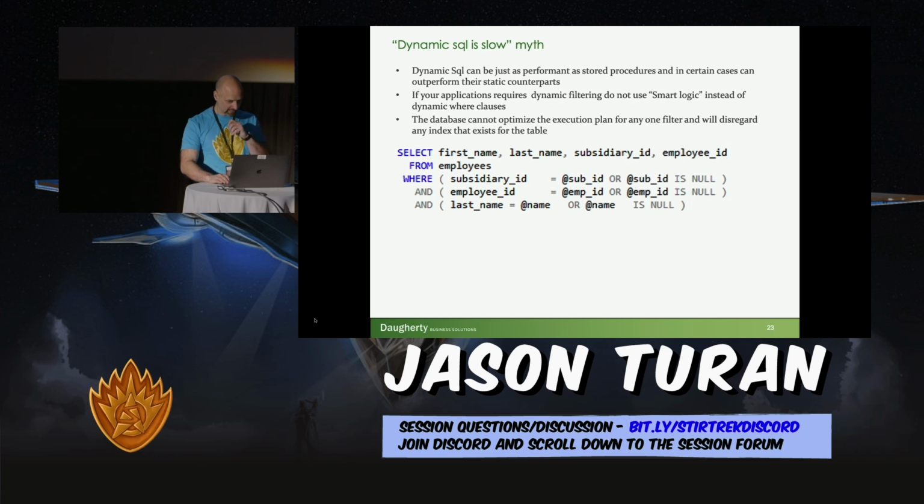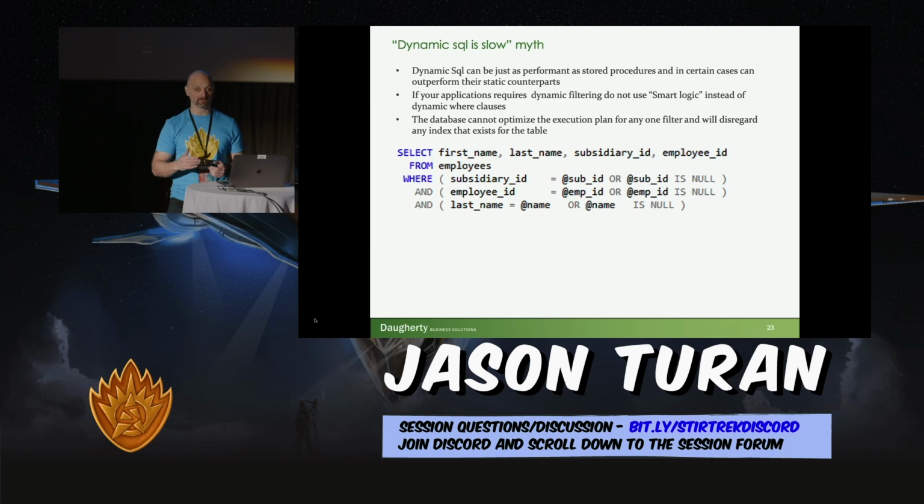And you definitely wouldn't want to write a query like this example here, because since there are null checks for all of the columns in the query, the optimizer will not actually use an index for these columns, even if an index exists, because the optimizer has to optimize for the worst possible case where all three of those are null.